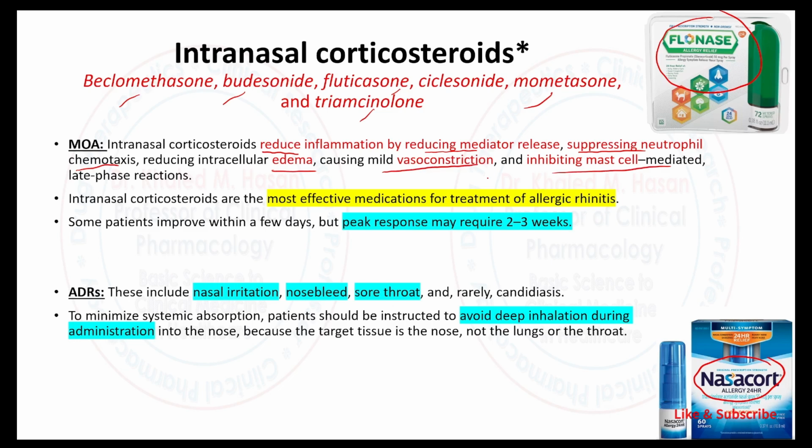So intranasal cortisone is considered like a magic bullet. It covers several variables. For this reason, cortisone is considered the most effective medication for the treatment of allergic rhinitis, because it targets several factors. This is number one.